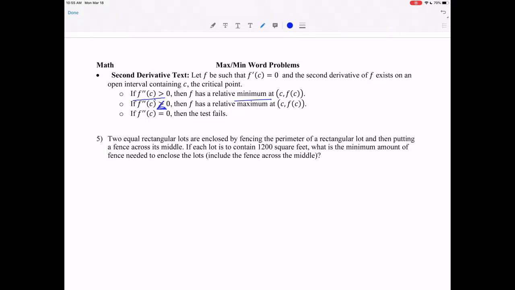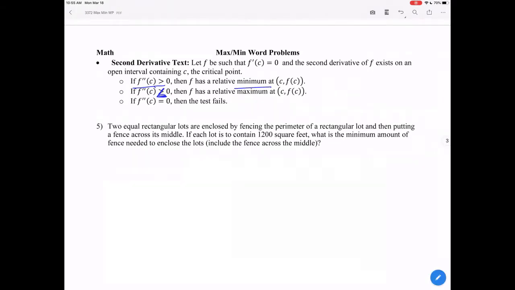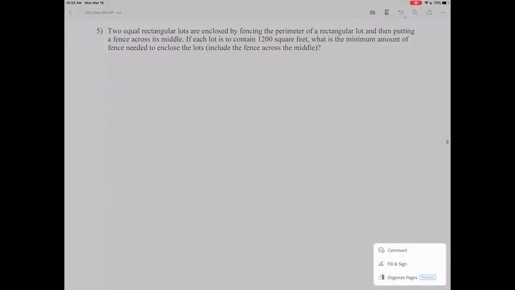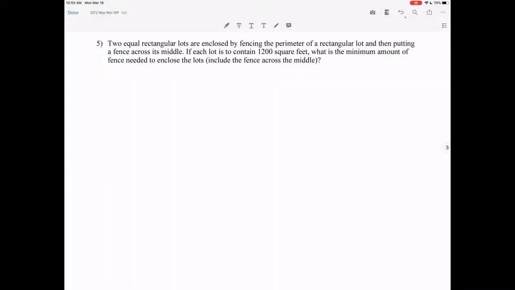If the second derivative is less than 0, the function's a max. All right? Now, this is how we're going to answer the next two questions. We're going to use the second derivative test. Okay? So, again, we have to come up with the equations.